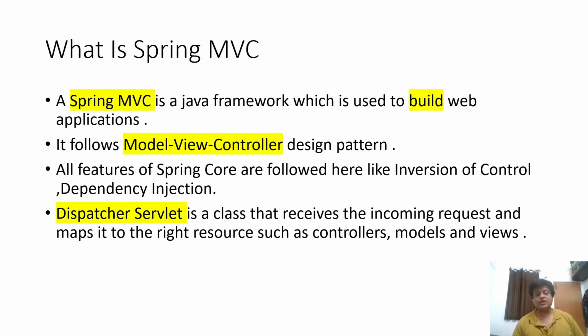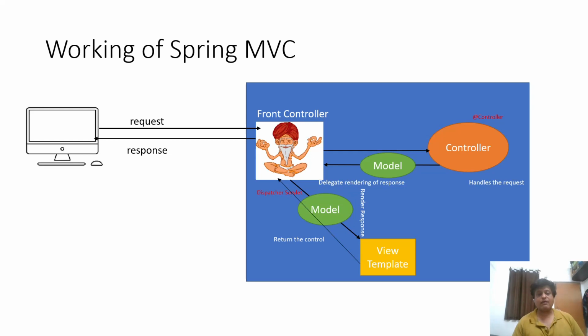And here you will see the main role is of the DispatcherServlet, which is receiving the incoming request and maps that request and response to the controller, model and views. Suppose we have a request, then this request will go first to the front controller.